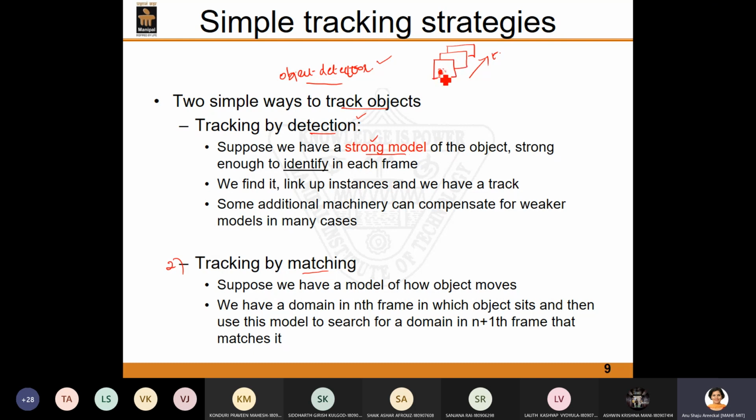How exactly is that done? By looking at the neighborhood. The neighborhood which matches the initial guess in the first frame would be considered in the second frame. Again in the third frame, the similarity of the neighborhood is used to find it. In that way it propagates from one frame to the other in the case of tracking by matching.